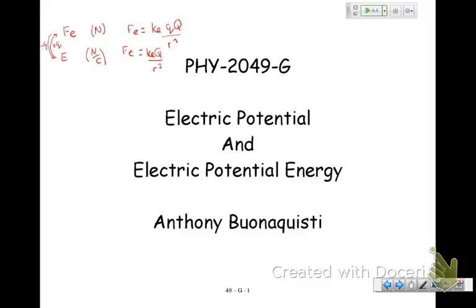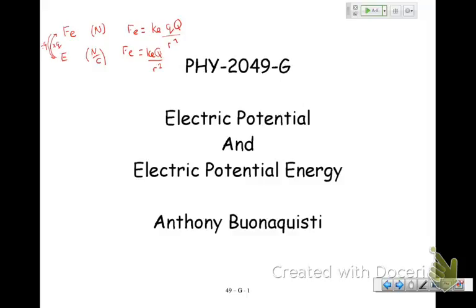And when I started thinking about force and mechanics, the next thing we did was work. Work was force through a distance, and remember that the work was equal to the change in energy of the system. We had the work kinetic energy theorem, but we also could have work potential energies.